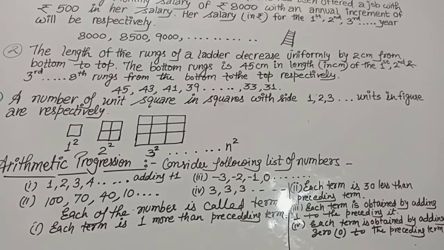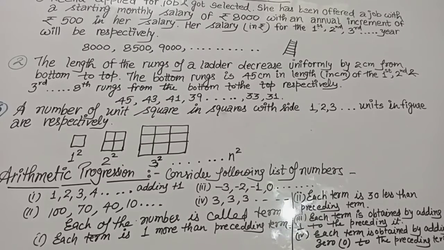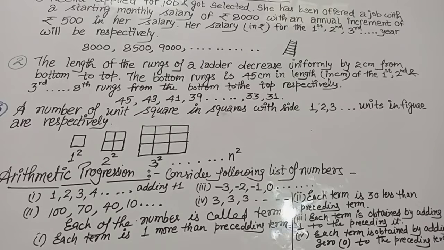What you have observed is that nature also provides some patterns, such as in a honeycomb, a flower, a pineapple, and a honeybee. These are natural things which follow patterns. I took some examples, like Rina applying for a job, the length of a rank, or the number of unit squares with sides 1 square, 2 square, and 3 square.